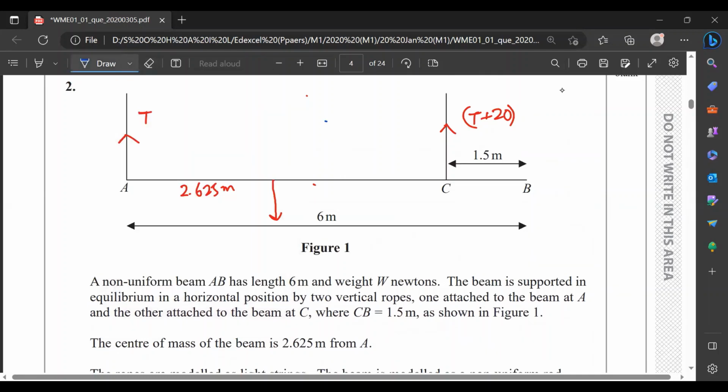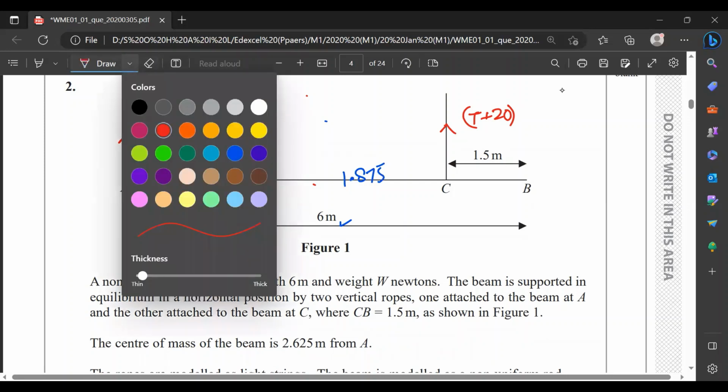The total is 6, this much is 2.625, and 1.5 is here. So subtracting the sum of 1.5 and 2.625 from 6, we have the distance of G, the center of mass, from C, which is 1.875.